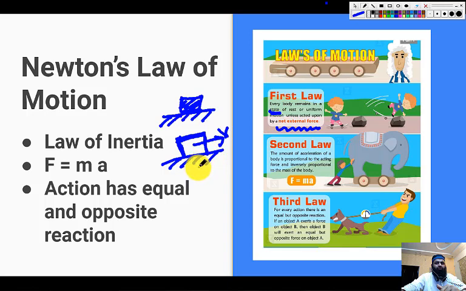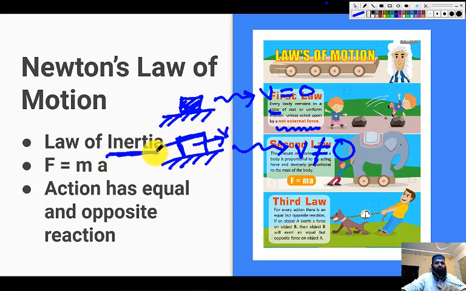That velocity can either be zero, so in this case velocity equals 0, and in this case velocity not equal to 0. But in both of these cases, unless there is an external force, the body would keep on doing what it is doing for as long as there is no force. Okay, so this is the first law of Newton, and this is also called the law of inertia.